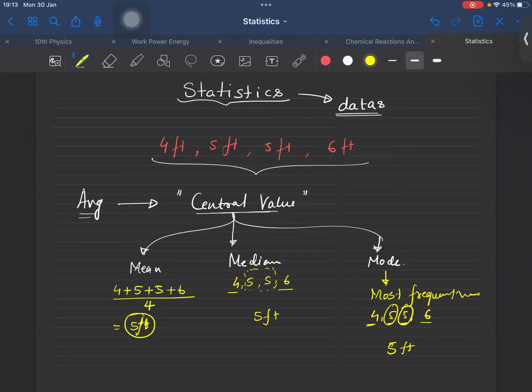So if we have 4 data points, 1, 2, 3, 4, then for an even number of data points there will be 2 medians.